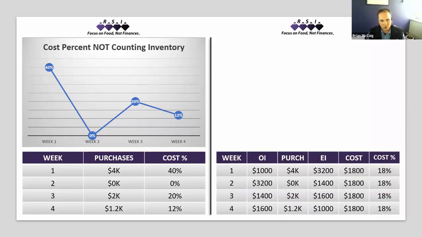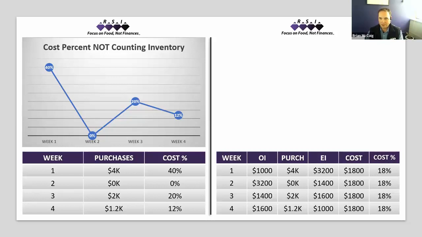If you're counting inventory, first things first, I want you to notice all those purchases stay the same. So in this purchase column, it's still $4,000, $0, $2,000, $1,200. But what changes now is we're actually counting that inventory that was already on our shelf. And what I want you to notice is from week 1, that opening inventory count was $1,000.